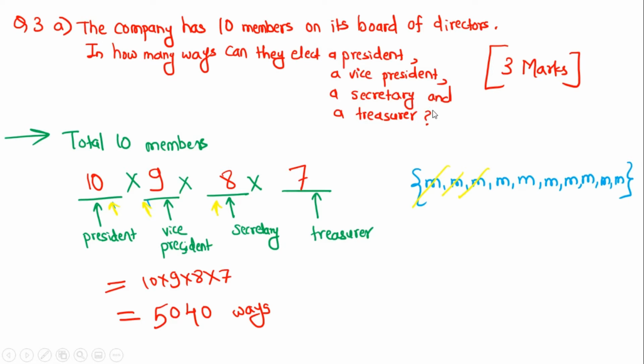Here the word and is present, that's why we multiplied. So the total possible ways will be 10 into 9 into 8 into 7, which is 5040 ways to select a president, a vice president, a secretary, and a treasurer in a board of directors with 10 members.